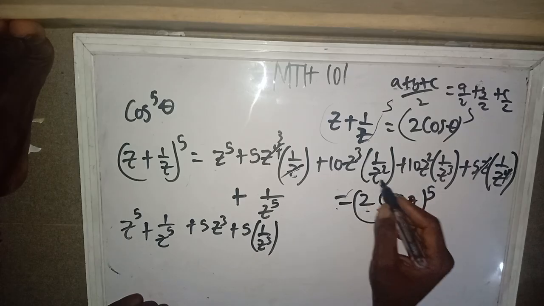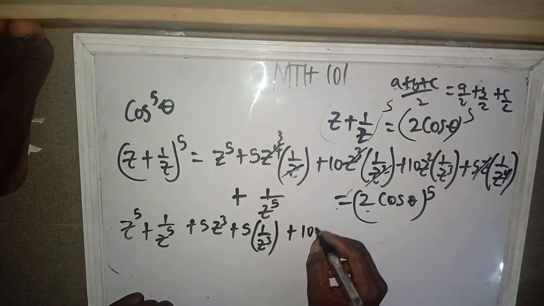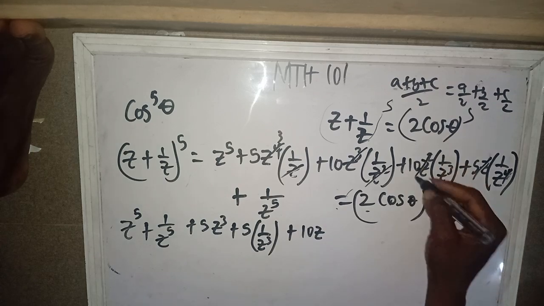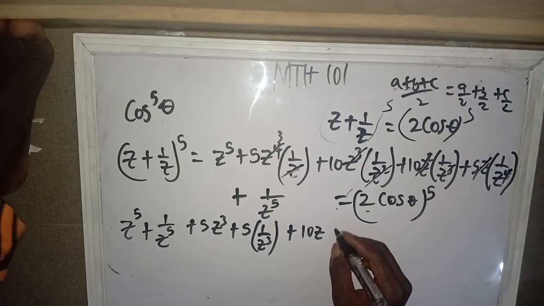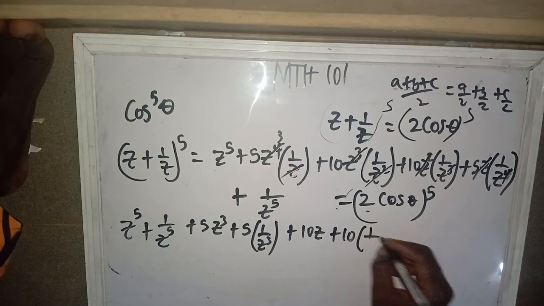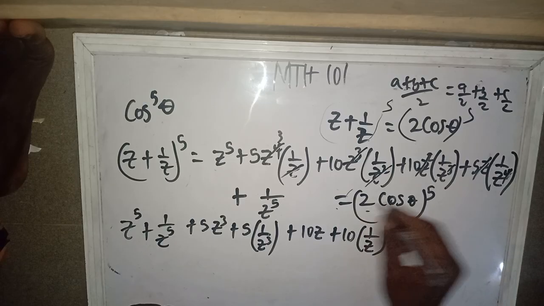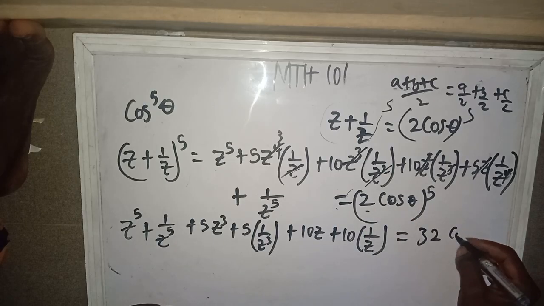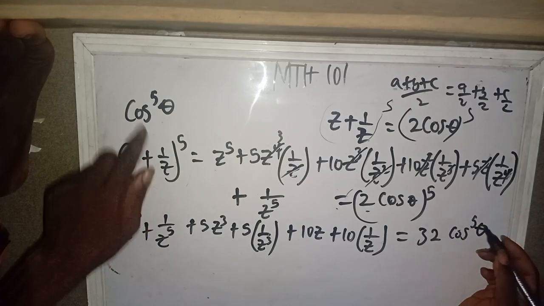So here, z squared we cancel 1, we have only z here. We have 10z. Here, z squared, we cancel 2, we also have only 1 over z here, equals to what? 2 raised to power 5, 32. Then cos what? You can see we get our question back.